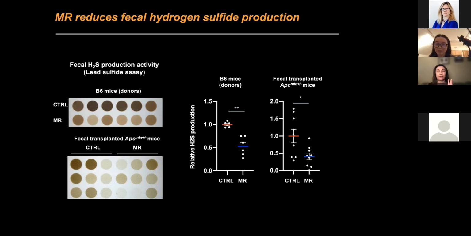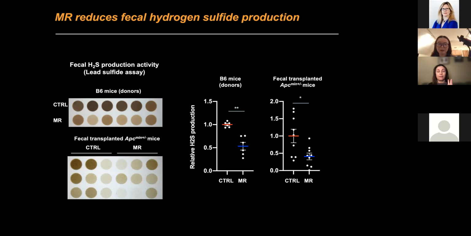Hydrogen sulfide is a gas signal that has been shown to be important for a number of functions in T cells, and it has been shown to be a T cell potentiator.